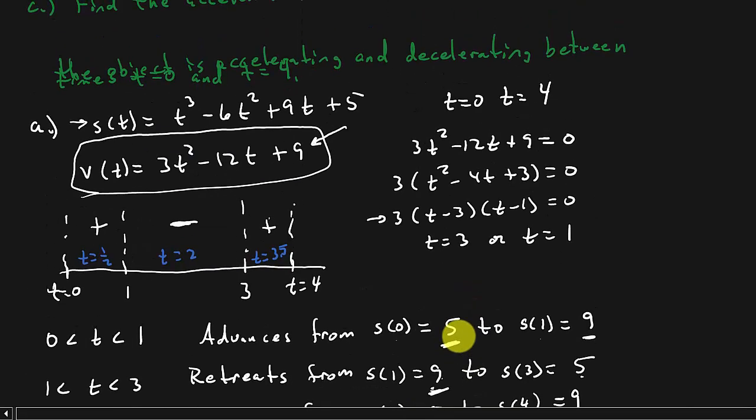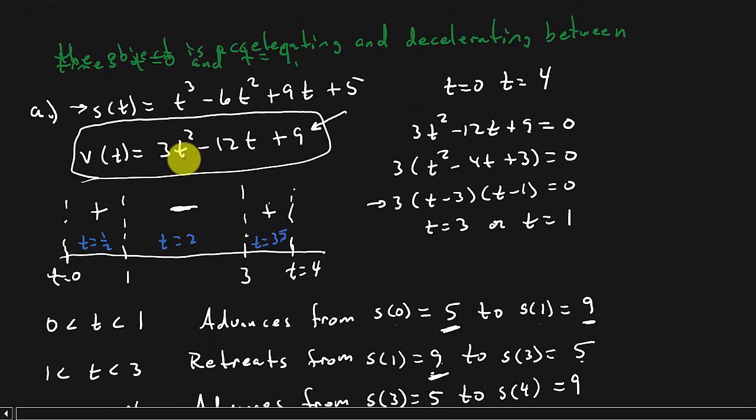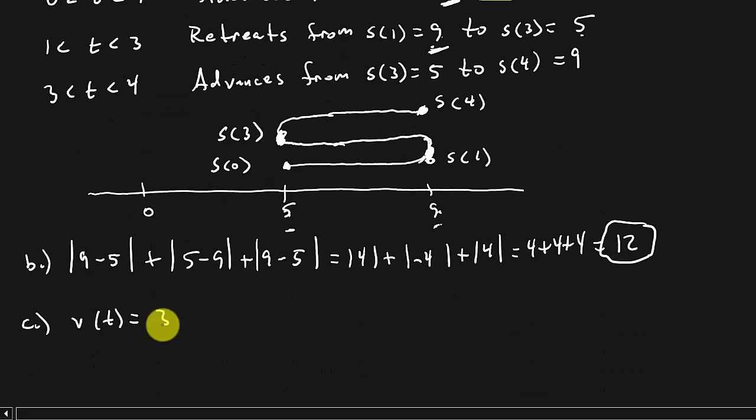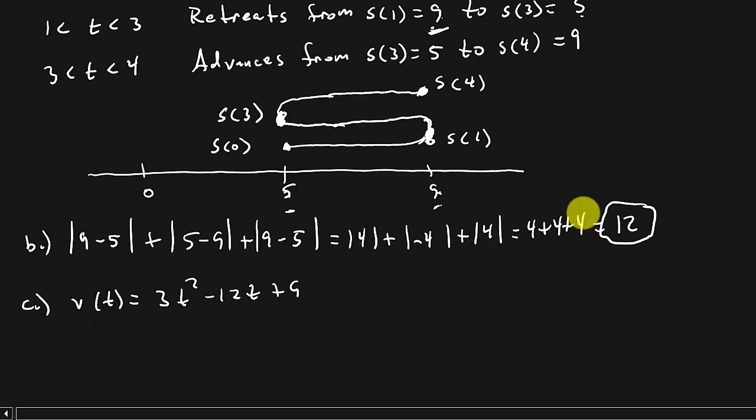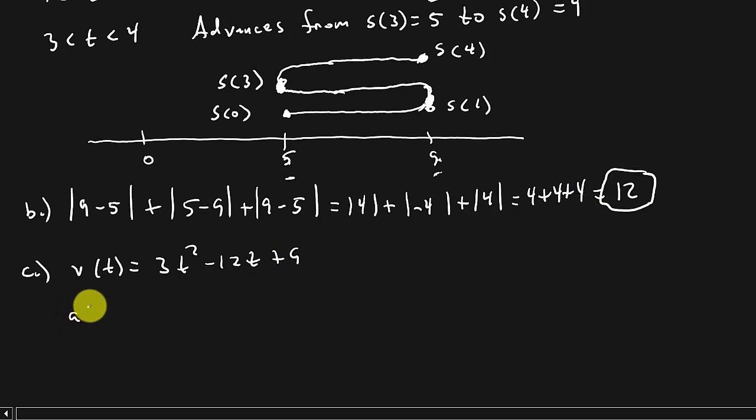So let's see. Here's our velocity function, 3t squared minus 12t plus 9. And so the acceleration is equal to 6t minus 12. There's your acceleration.